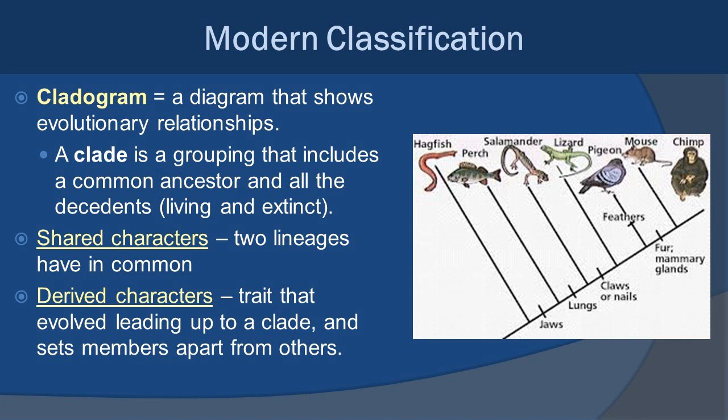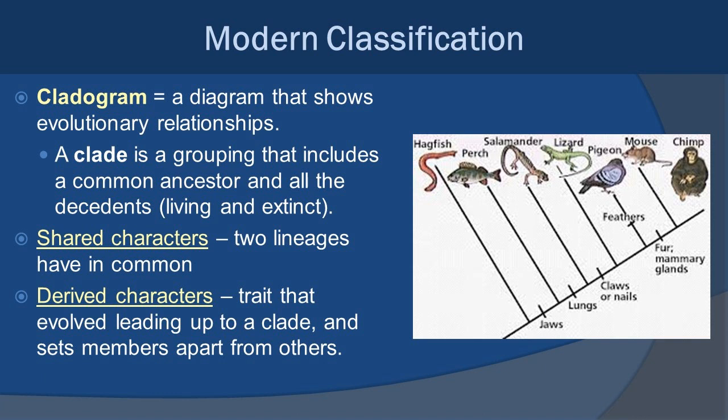But if you look at the split between the line that would become hagfish and the line that would become the rest of the animal groups, that split represents a common ancestor that they all had. And beyond that split, you see the term jaws. That's where formation of actual bony jaws occurred.